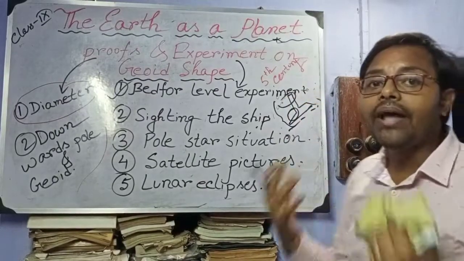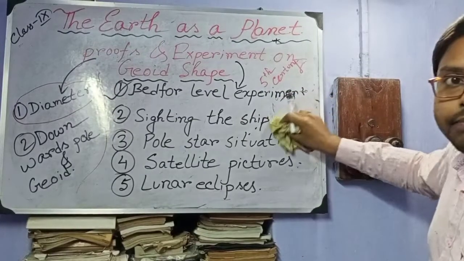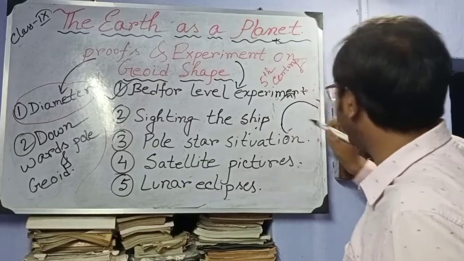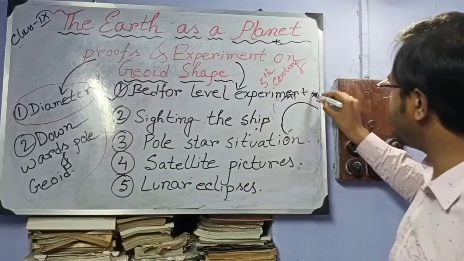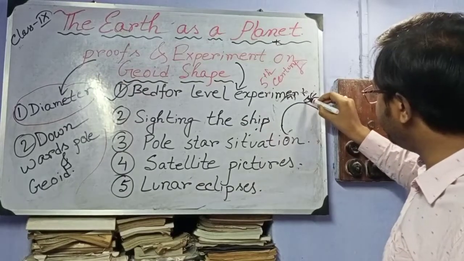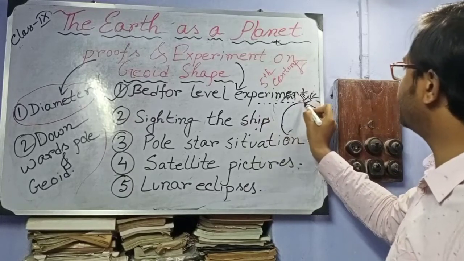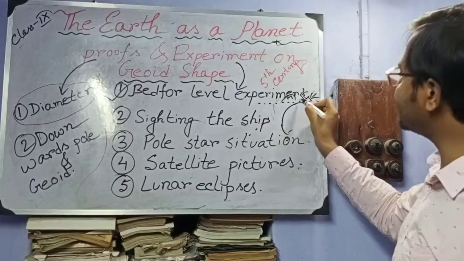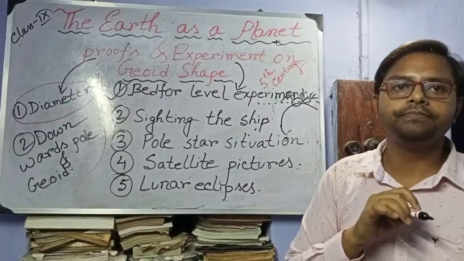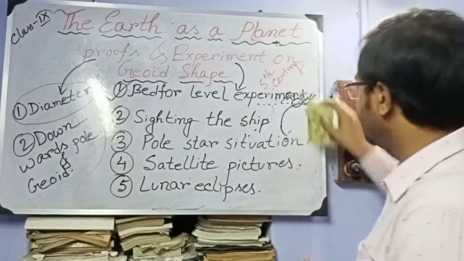Why is this possible? Because the earth is a circular or geoid shape. We cannot see the below portion from far away. When the ship comes nearer to us, then we can see the whole body of the ship. That is a proof that the earth is a geoid shape.